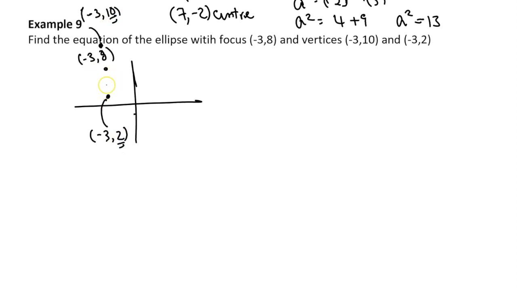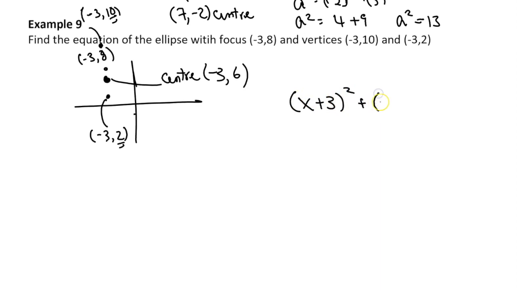So that means that you would have a center point right here of -3, 6. And based off of that, you could start to write your equation. You could say it would be x plus 3 squared plus y minus 6 squared equals 1.